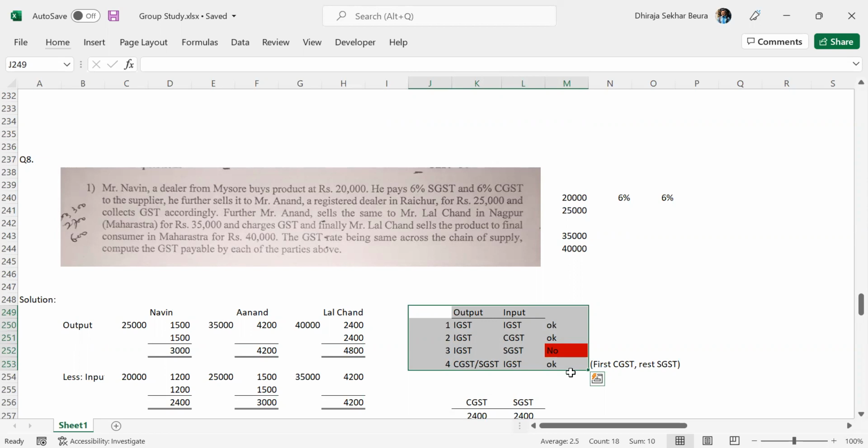But when the output liability is IGST, but input is SGST, that is state one, then that is not adjustable. And finally, if the output is CGST or SGST, any of those, and input credit that we have is IGST, then that is also adjustable. But the condition is, first we utilize the CGST liability, balance if any, then that will go for the SGST liability.